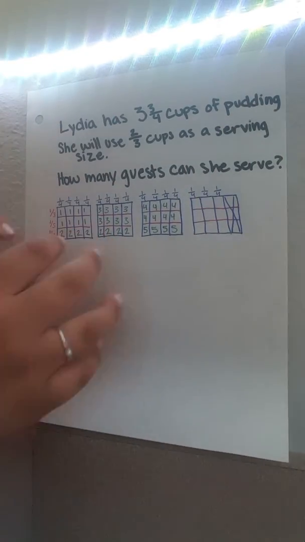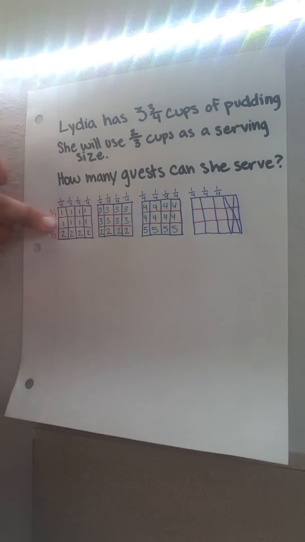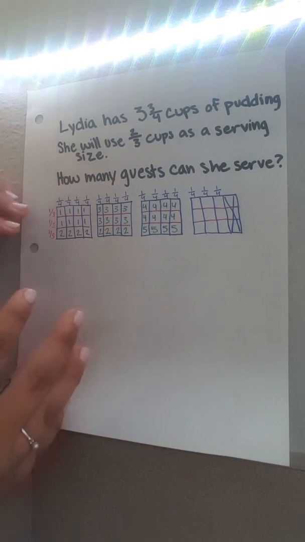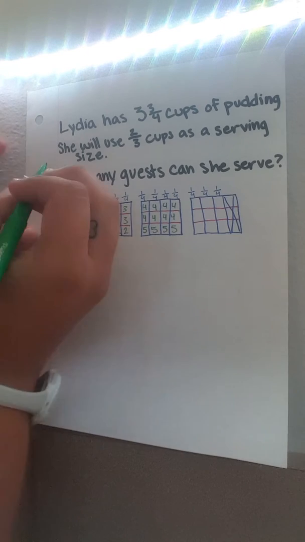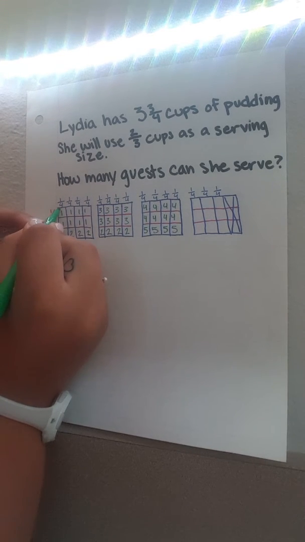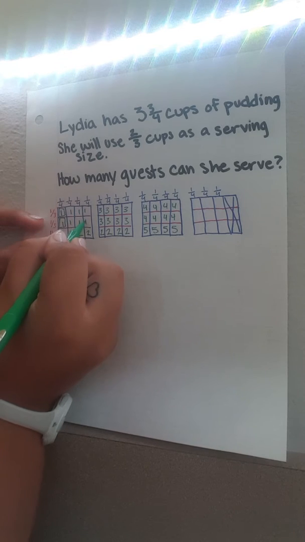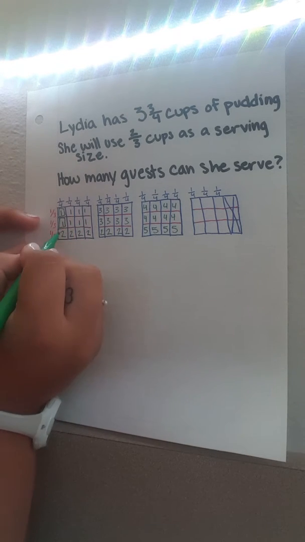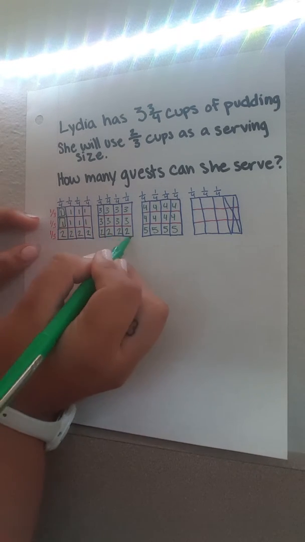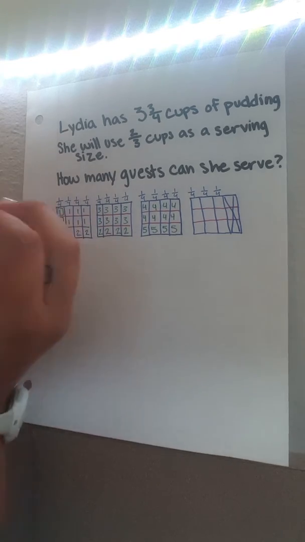And here we see that for every serving, for every 2/3 serving size, there are 8 of these little cubes that we're counting. So there's 1, 2, 3, 4, 5, 6, 7, 8. You can tell that there are 8 of those cubes for every serving size, which lets us know that we need to have 8.